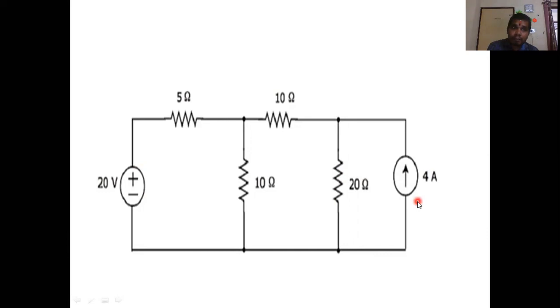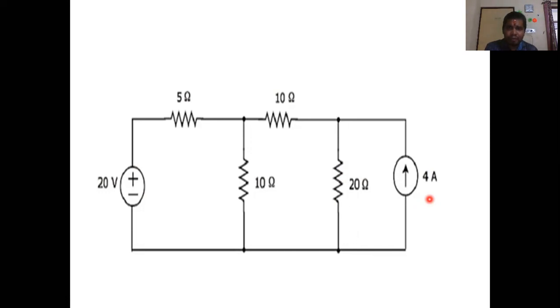Why do we short circuit the voltage source? Because a voltage source has very low internal resistance, so it will be short circuited, and a current source has infinite internal resistance, so it will be open circuited, right?